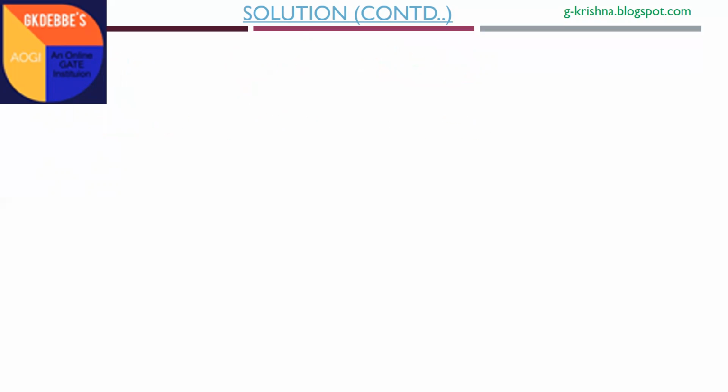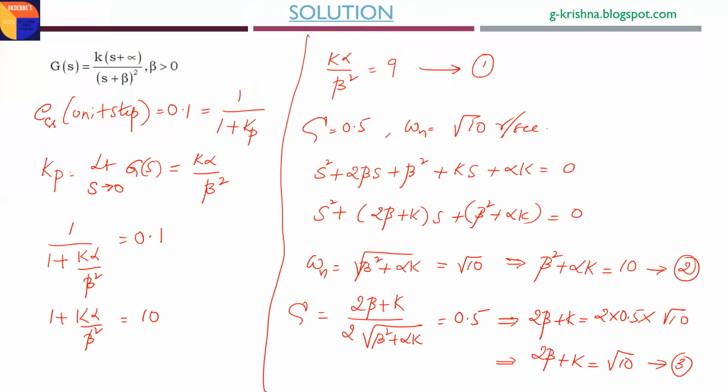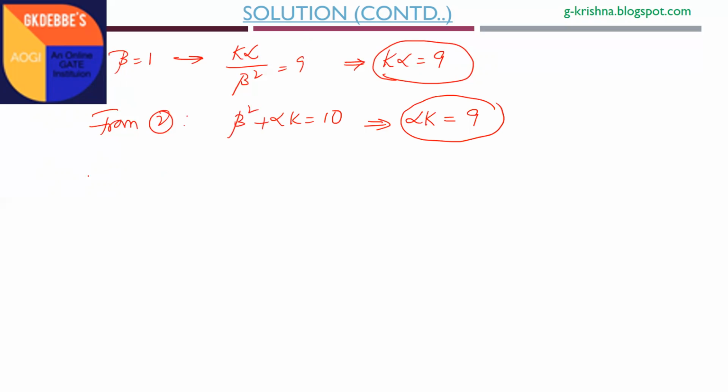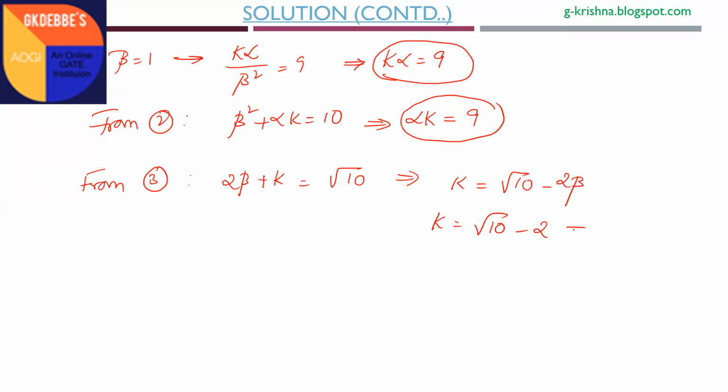Next, what is the third equation we have? It is 2 beta plus K equals √10. When you take beta equal to 1, from here you'll get K equals √10 minus 2 beta. Substituting beta equal to 1, √10 minus 2, which you'll get as 1.16.